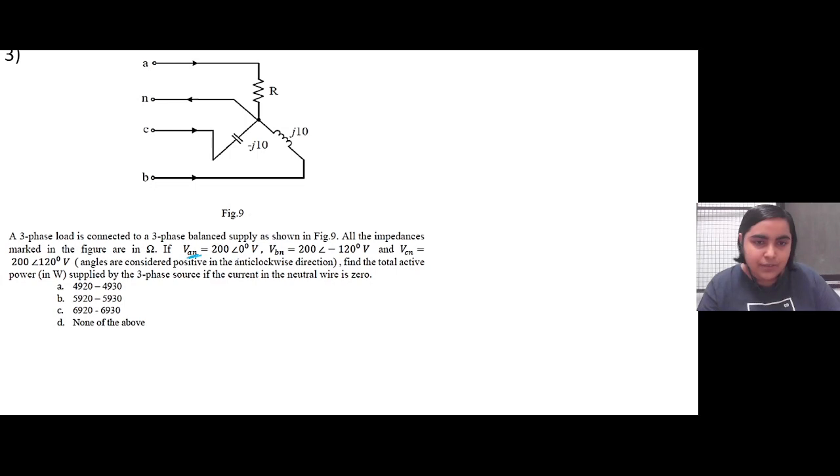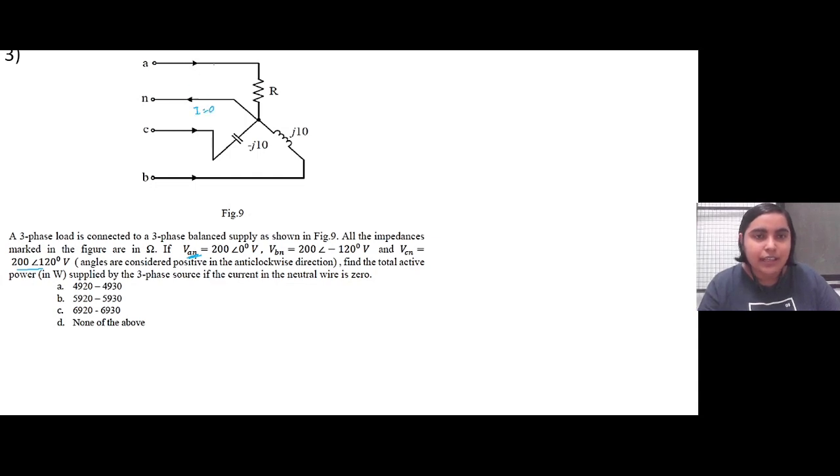VBN is given at minus 120 degrees, since all the three phase voltages are 120 degrees apart from each other, and angles are considered positive in the anti-clockwise direction. Find the total active power in watts supplied by the three-phase source if the current in the neutral wire is 0.